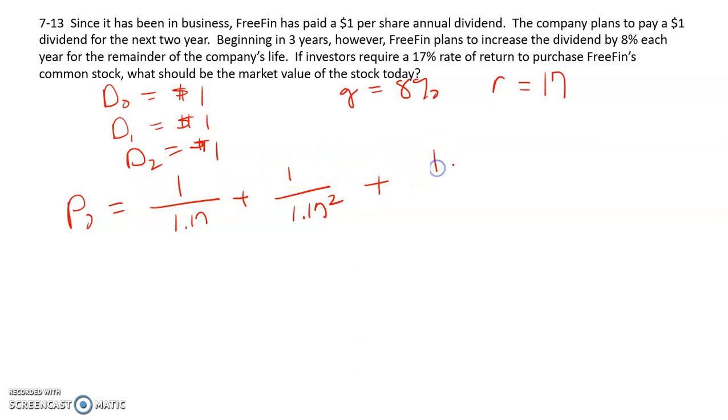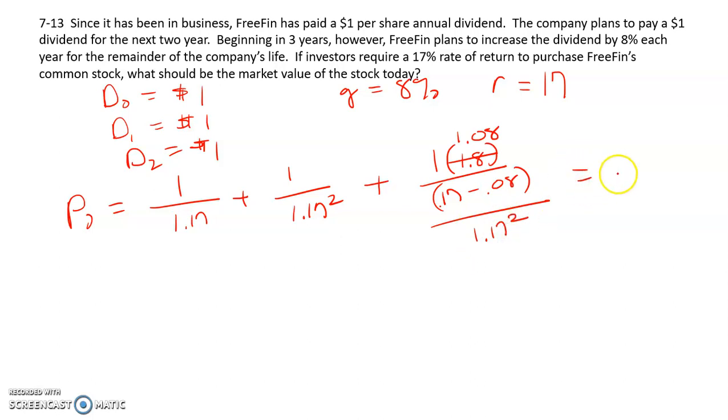D3 is 1 multiplied by 1.08, divided by R minus G, so it's 0.17 minus 0.08, and then we would have to present value that 2 years divided by 1.17 squared, and you should get $10.35.